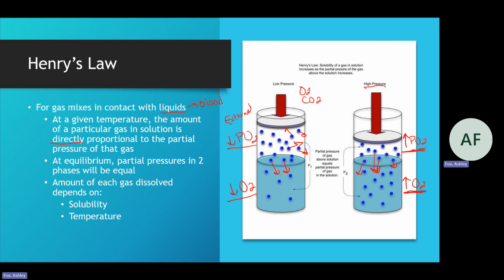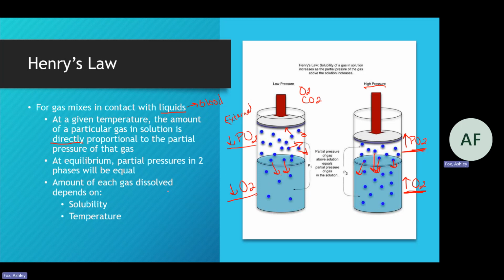If you have equilibrium, the partial pressures in both are going to be the same. You're going to increase the amount of gas that's in the liquid, and eventually they'll equal out. But looking at it again, if you have a higher partial pressure in the air, then you're going to have a higher partial pressure in the liquid, or amount of gas in the solution.